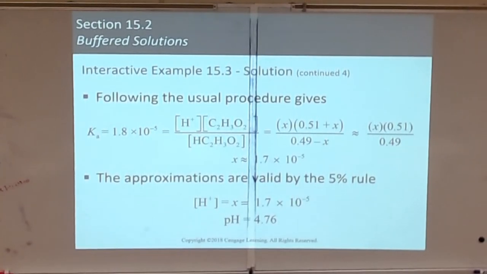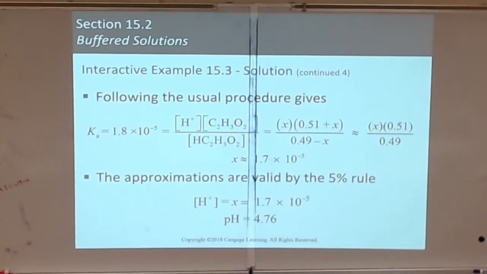Did he round wrong? Oh, well, it's because he used this rounded number instead of using the calculated one, right? So we went from 4.74 to 4.76, even though we added a lot of sodium hydroxide. This little solution basically took that up without changing the pH.